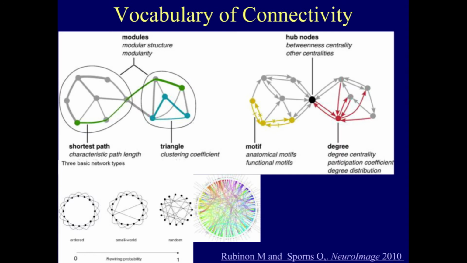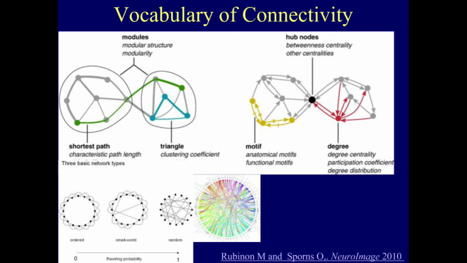So, for example, here are modules showing two areas with small nodes and a large hub, and these involve the shortest path, which is the characteristic path length, or clustering coefficients between regions that are implicated in processing or in this particular process, and this is the basis of the clustering coefficient.